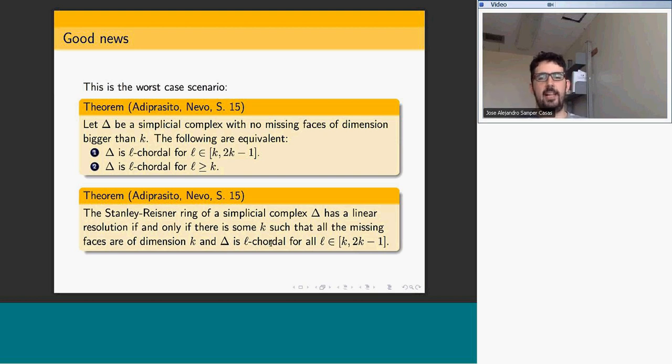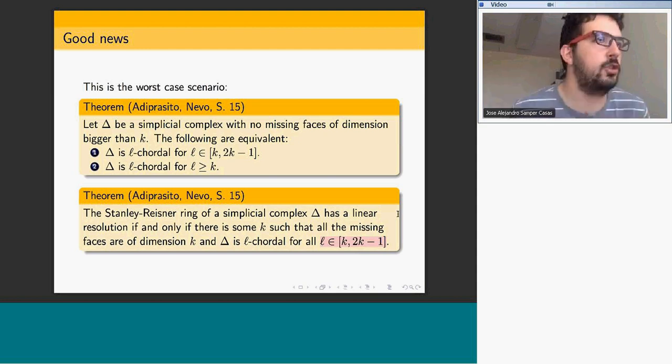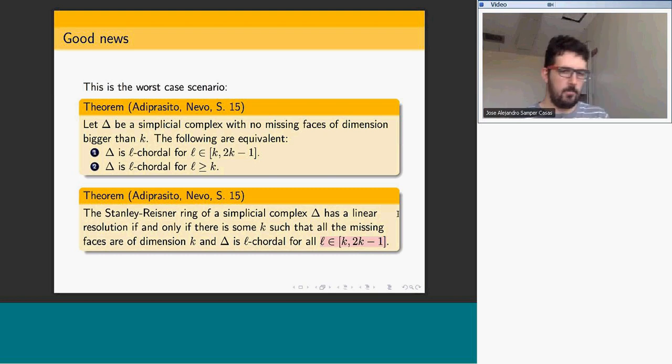My complex is l chordal for all l in the range k to 2k minus 1. And so from the algebraic point of view, and from the classical Stanley-Reisner theory point of view of simplicial complexes, this is the right notion of chordality. Or it seems so.